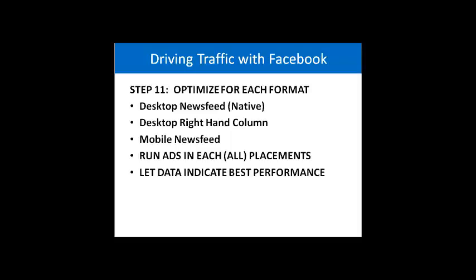You really need to be looking at all these different formats, and you need to run ads on all these placements because you really don't know what's going to perform best, and you need to pay attention to the data to let that inform you or indicate to you what is getting the best performance, rather than coming to some kind of conclusion on your own.